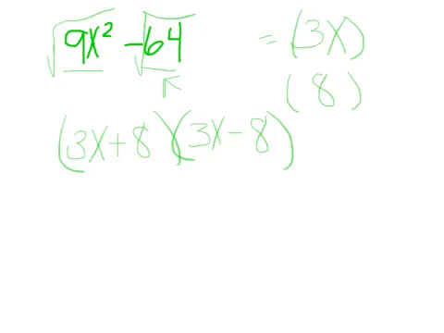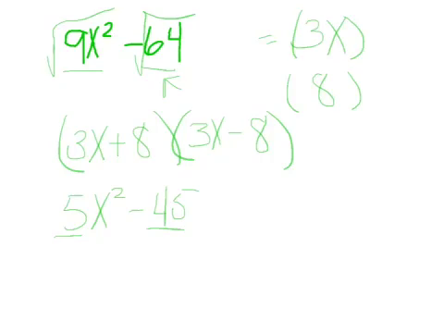Now, let's say they gave you this. You say, okay, it looks in the form of difference between two squares. But what's the problem? Problem is 5 and 45 are not perfect squares.